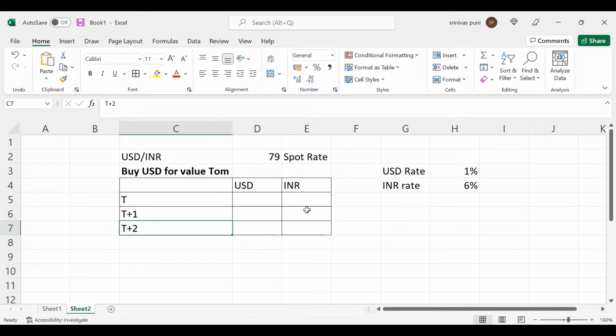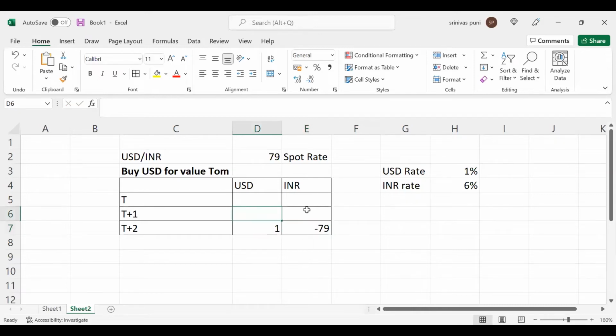This is our quotation. Now, T+2, if I want to buy $1, at the end of 2 days from now I'm going to get $1 into my dollar account, and I'm going to pay minus 79. I'm writing minus to show that I'm paying out. My account is debited 79 rupees. This is what is going to happen at the end of 2 days from now.